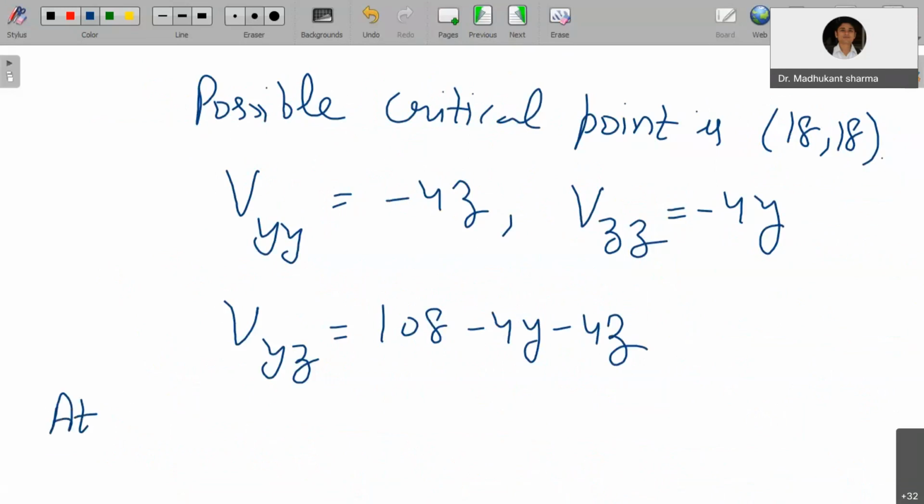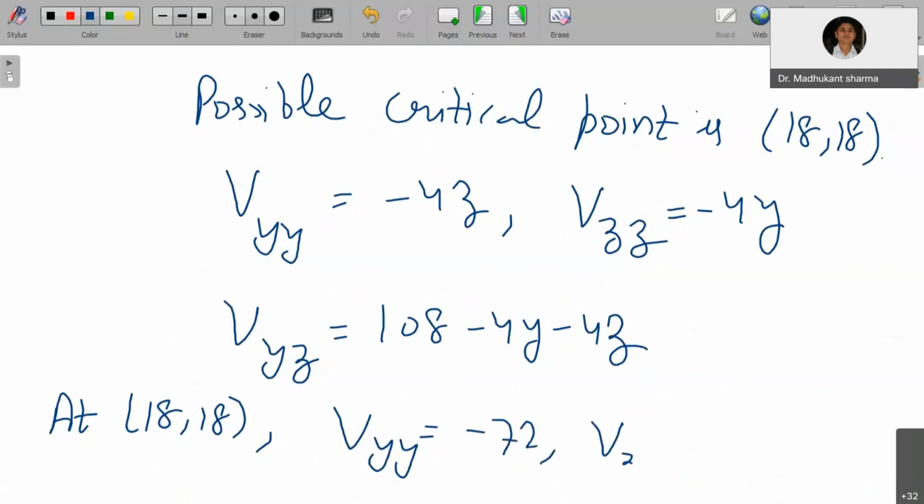Now at 18 comma 18, vyy is equal to minus 72, vzz is equal to minus 72, and vyz is 108 minus 72 minus 72, which is minus 36.